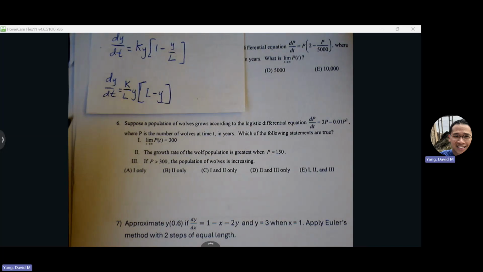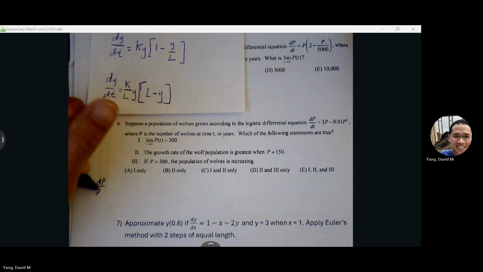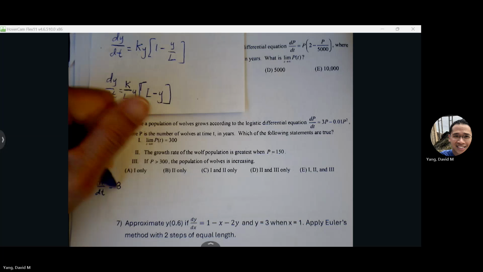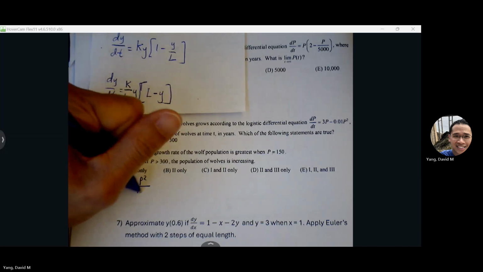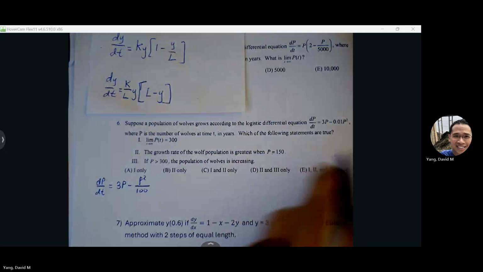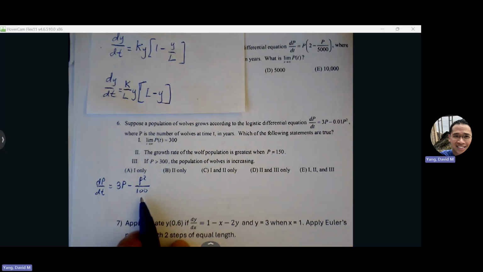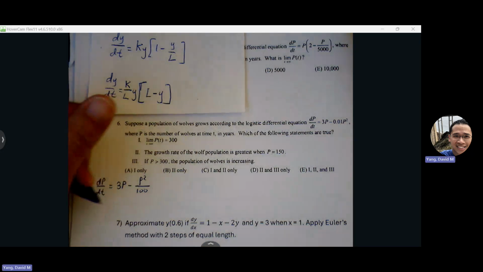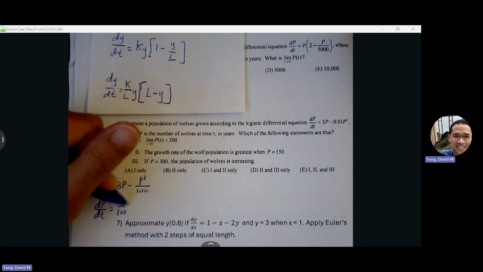So I'm going to factor out. Let me rewrite this. So 0.01 p squared is the same thing as p squared over 100. I factor out a 1 over 100 p.